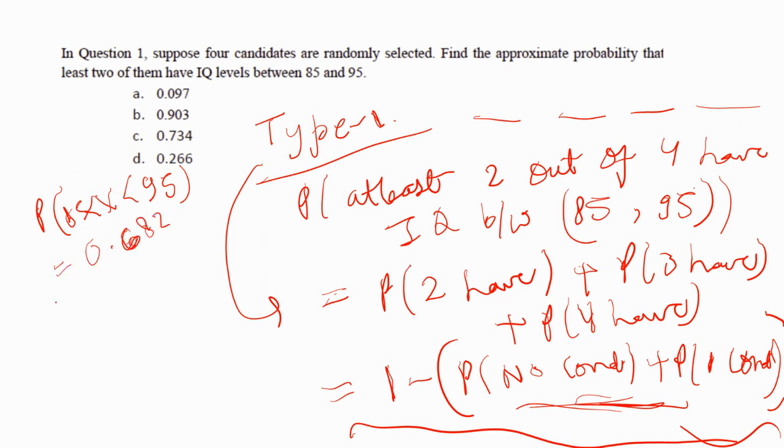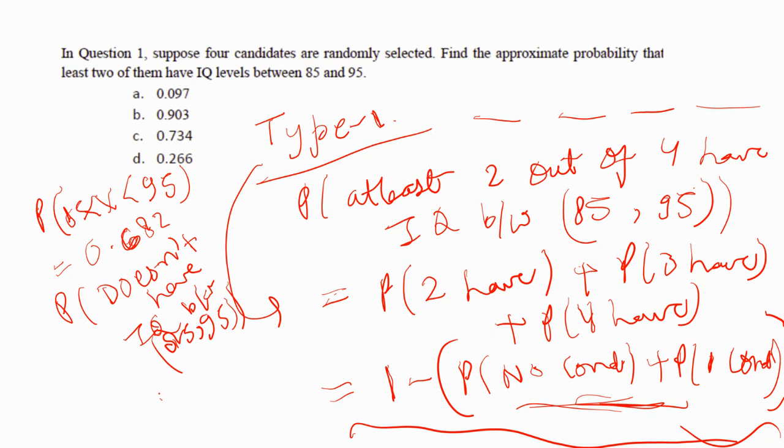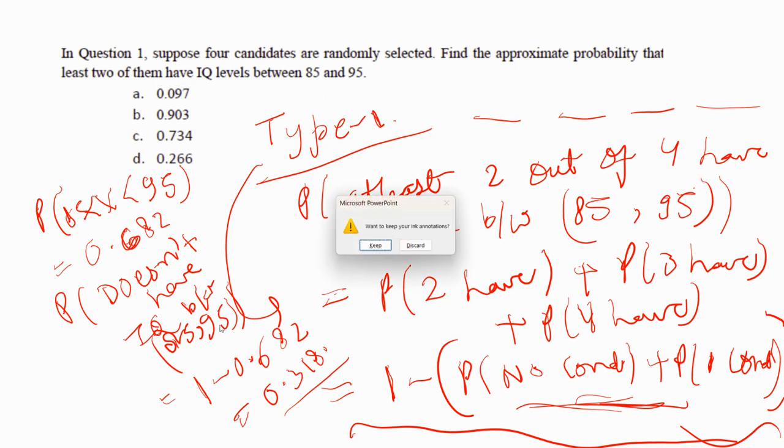So the probability that it does not have IQ between 85 to 95 will be 1 minus 0.682. So this will be 0.318, right?